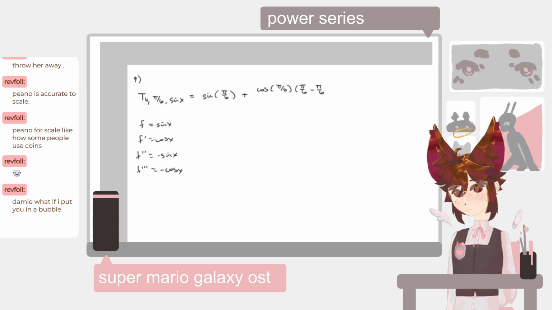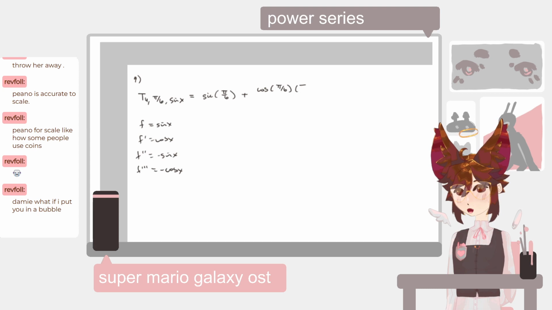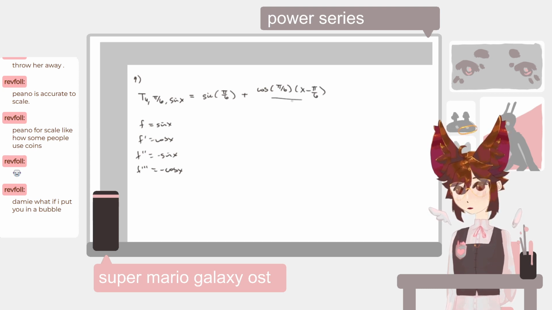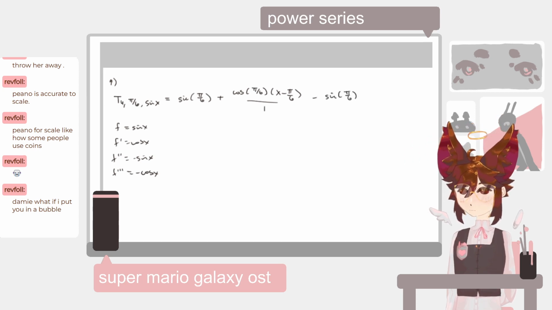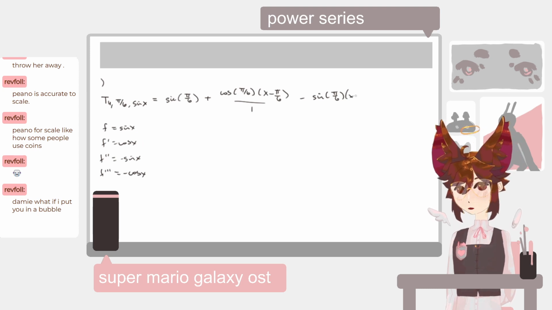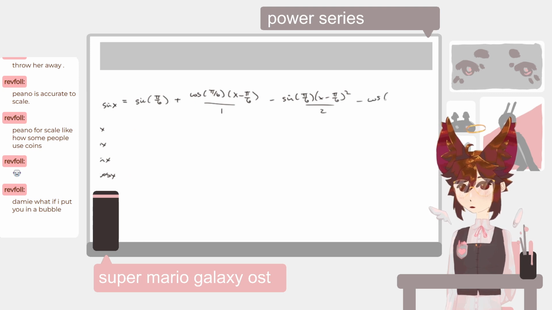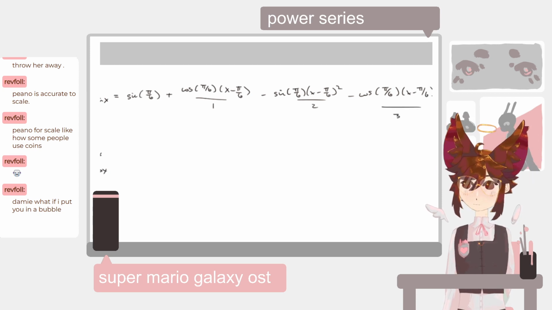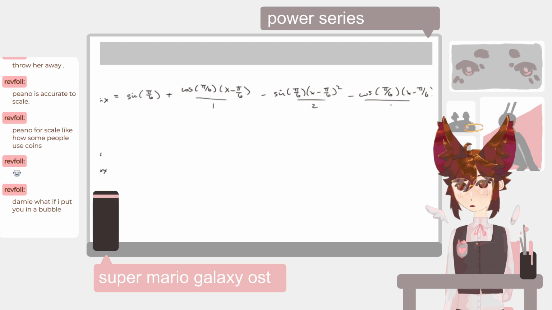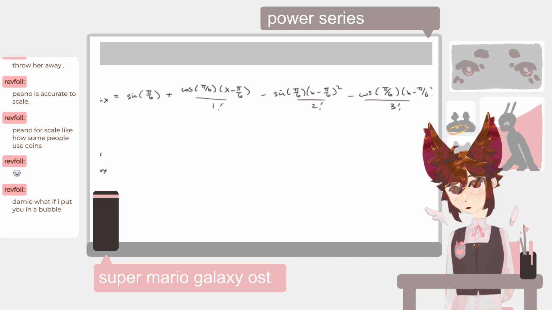Wait, never mind. x minus pi over 6, x minus pi over 6 over 1, minus sine of pi over 6, oh god, x minus pi over 6 squared over 2 minus cos pi over 6 times x minus pi over 6 cubed over 3. Okay. I got a little lazy at the end there. We'll just do that for consistency. If that's not right, I'm gonna be so sad.